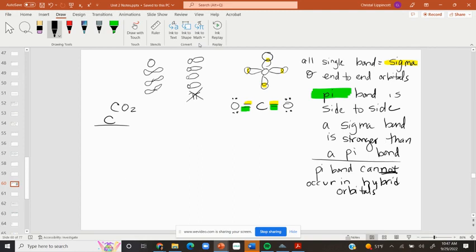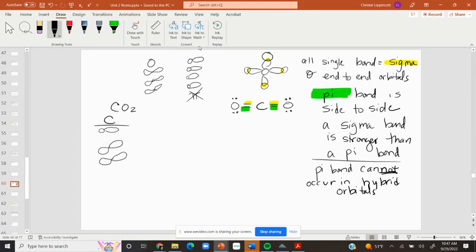Pi bonds cannot occur in hybrid orbitals. So that means that when I'm dealing with this, and if I am looking at my carbon, that carbon is going to have 2 pi bonds on it. So I have to have 2 p orbitals that are not hybridized.